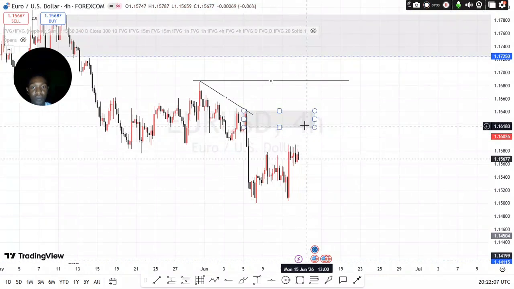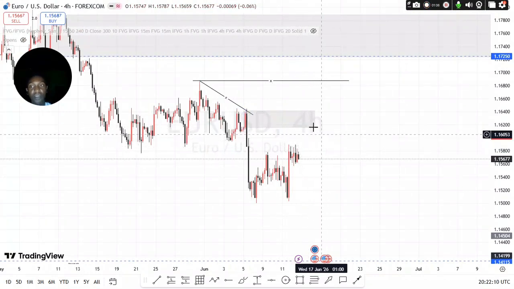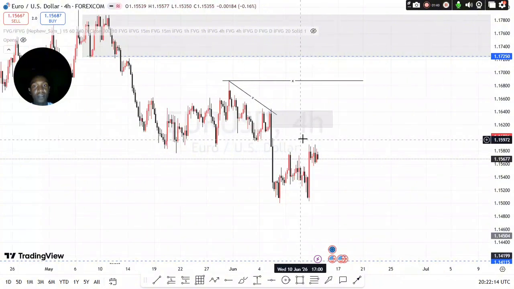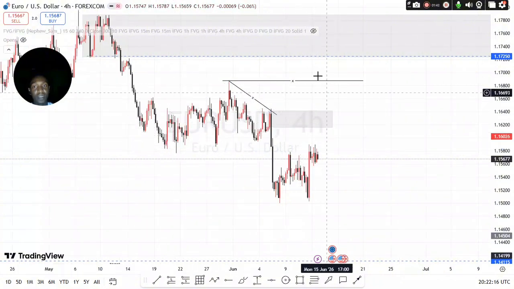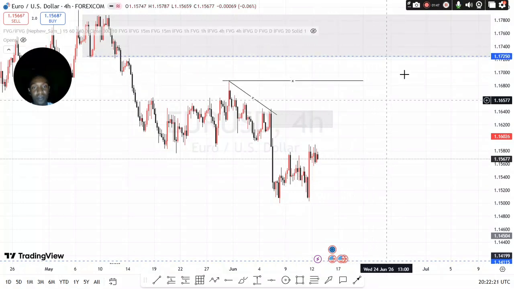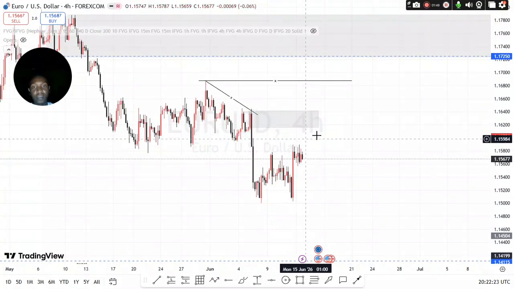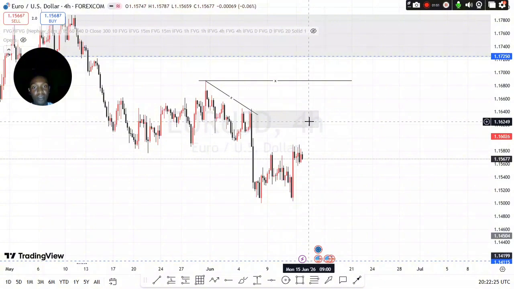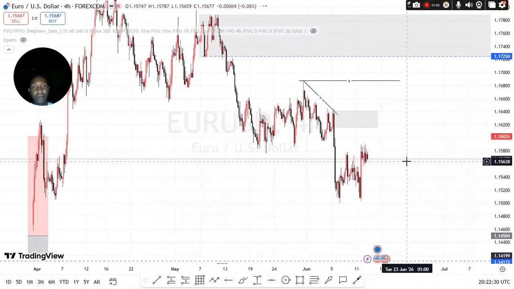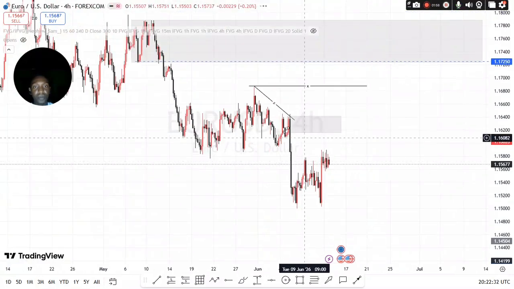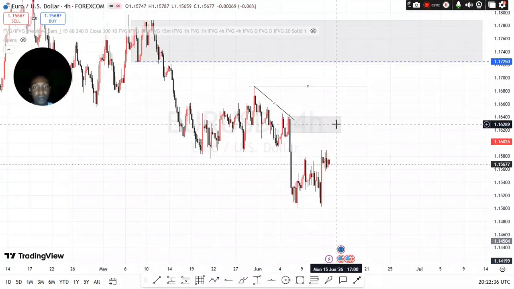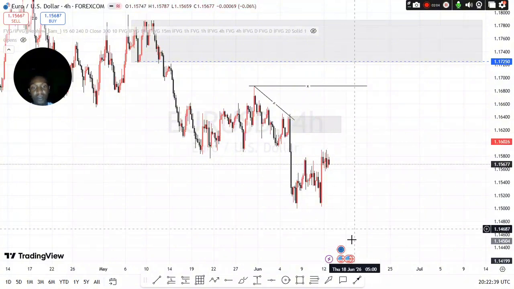If it comes here, we could still wait for the confirmation and the sell, but it's not so ideal for me. The higher time frame is screaming this. It's still a possibility, nobody's ruling this out, but this will be higher probability. So for EU, we wait for this, then we sell from here.